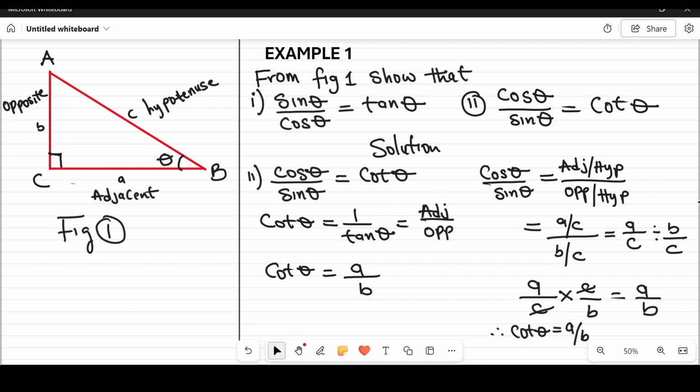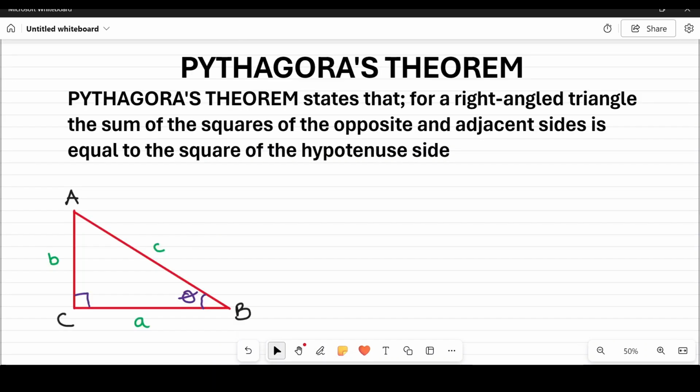It has been shown that sin theta divided by cos theta is equal to tan theta, and also cos theta divided by sin theta is equal to cot theta. Let's discuss the Pythagoras Theorem. The theorem states that for a right angle triangle, the sum of the squares of the opposite and adjacent sides is equal to the square of the hypotenuse side.